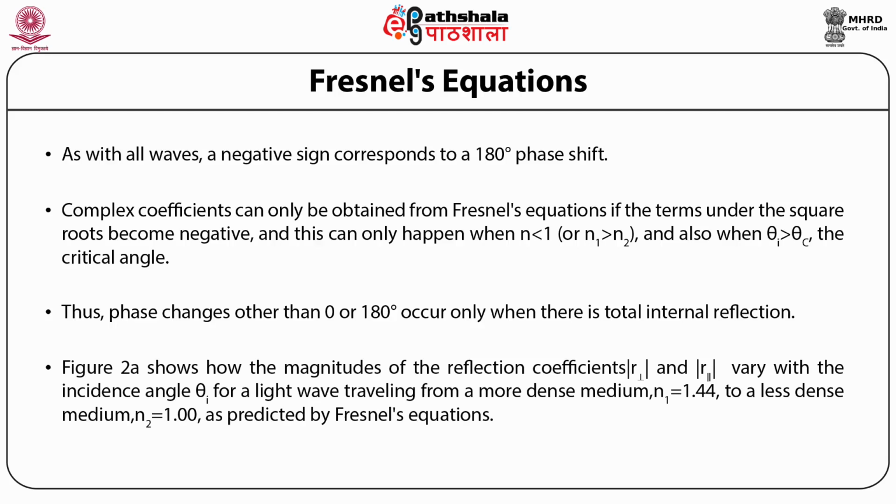Figure 2a shows how the magnitudes of the reflection coefficients, modulus of r perpendicular and modulus of r parallel, vary with the incidence angle theta I for a light wave traveling from a more dense medium, n1 equal to 1.44, to a less dense medium, n2 equal to 1.00, as predicted by Fresnel's equations.